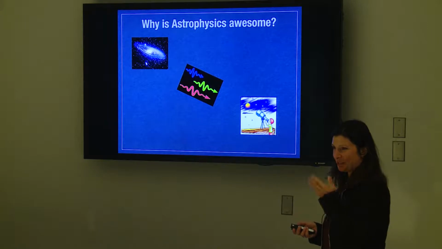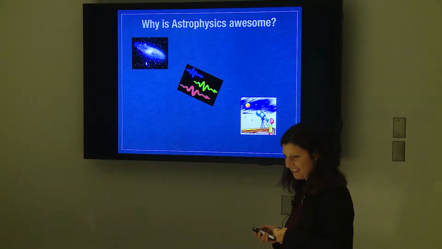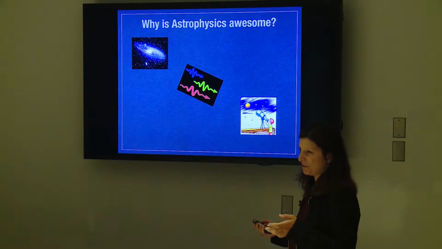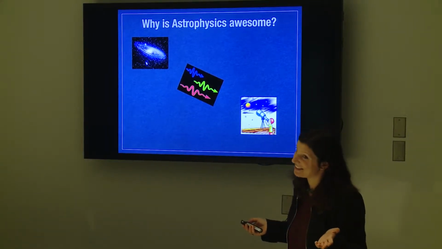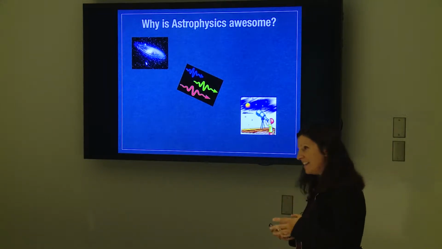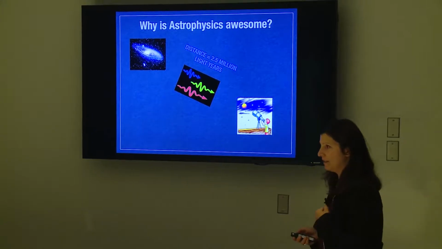Photons from Andromeda also take some time to get to us. Do you have any guesses of how far Andromeda is? 200,000 light years? Well, it's only one order of magnitude off. It's 2.5 million light years.